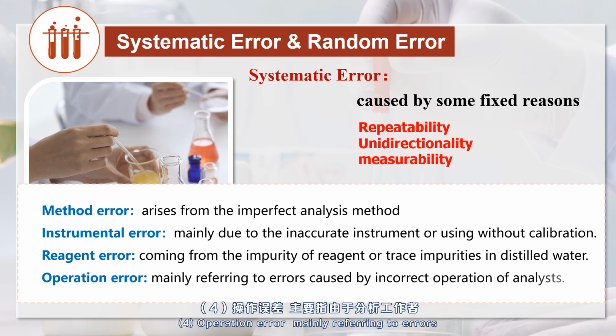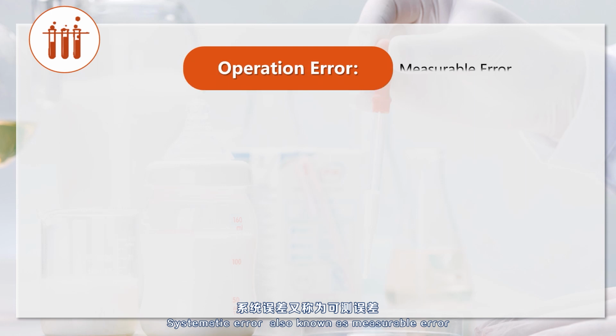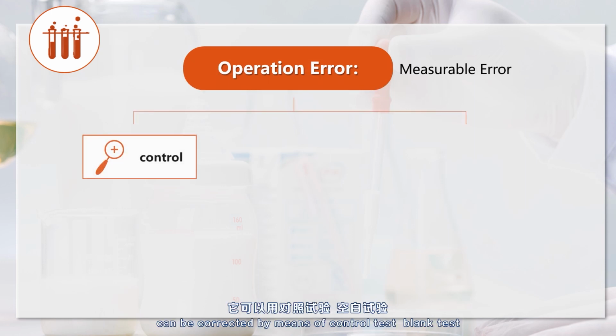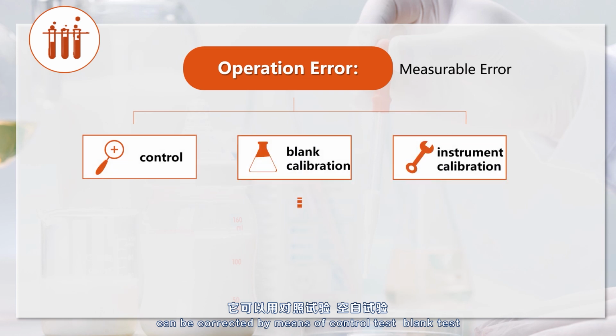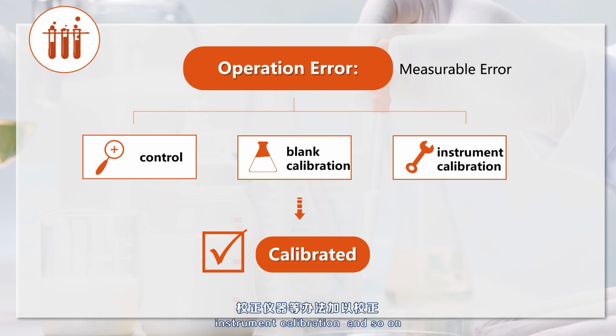Mainly referring to the errors caused by incorrect operation of analysis. For example, the reading of burette is always high or low, the usage of samples lack of representative, and so on. Systematic error, also known as measurable error, can be corrected by means of control test, blank test, instrument calibration, and so on.